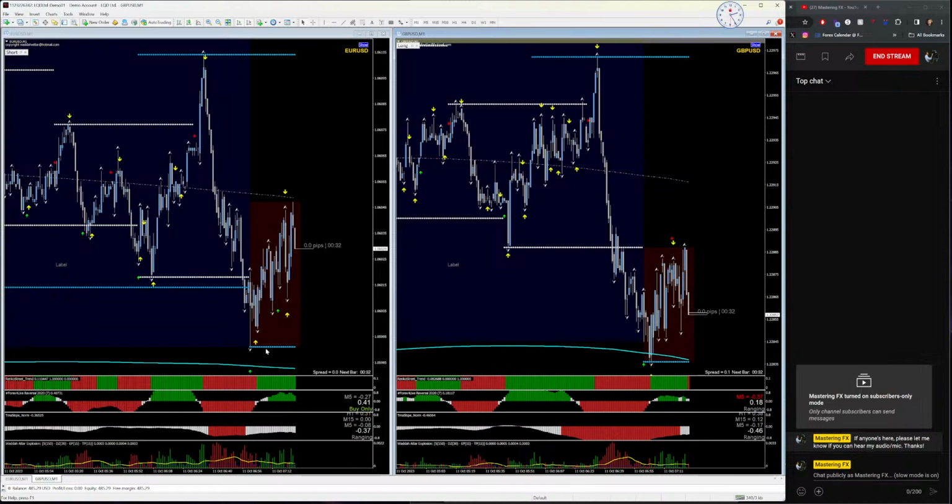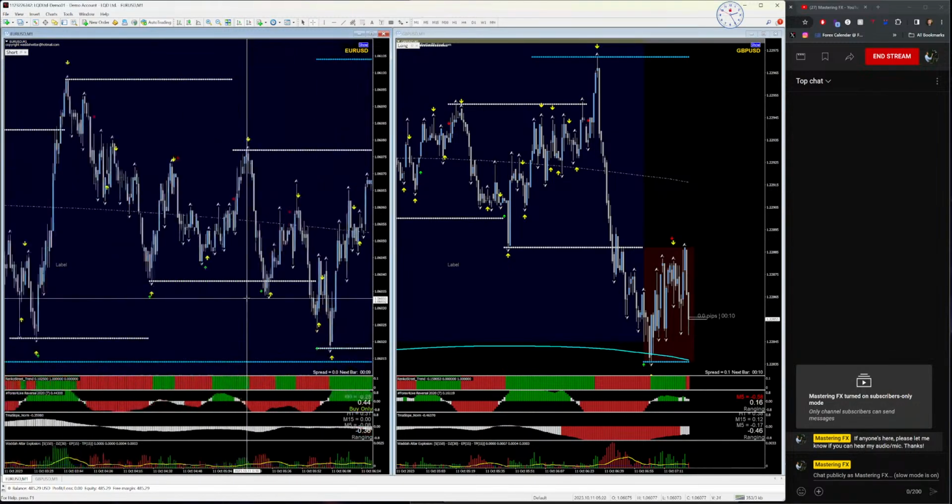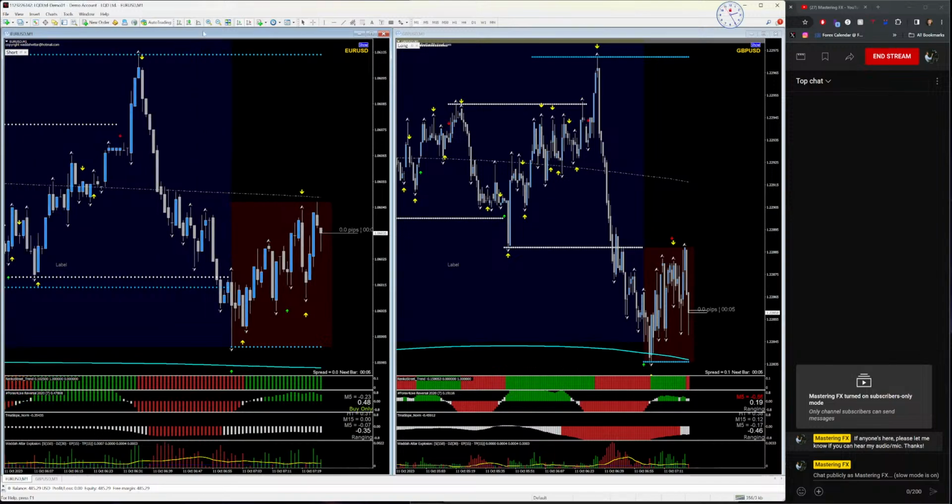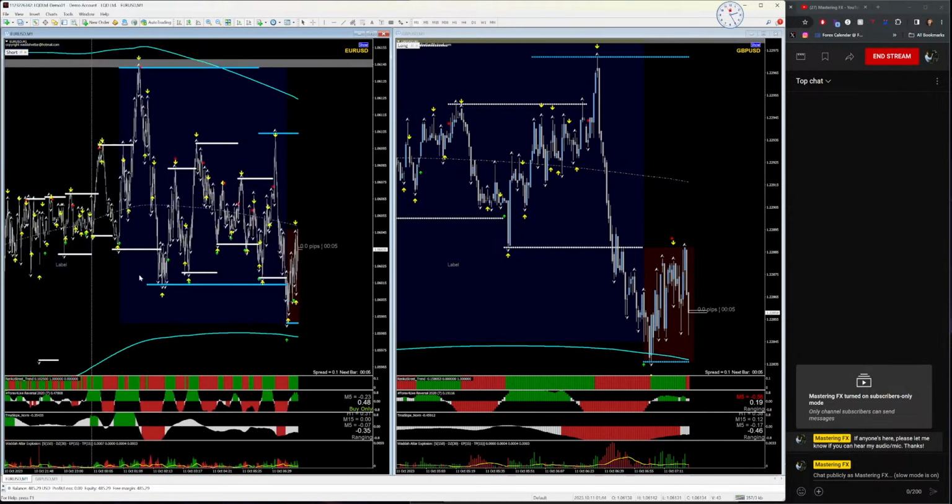And here we did not sweep the Asian low yet, and we did not touch the band, so I'm not interested yet in anything here until it sweeps something. And I know that this candle came below these lows here.